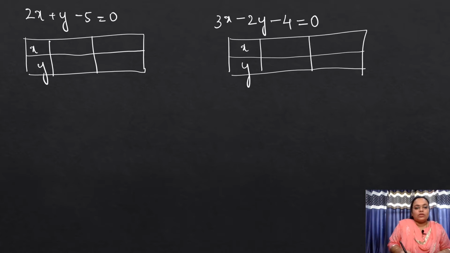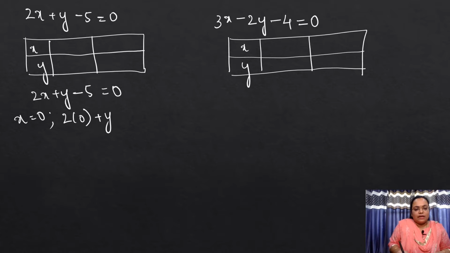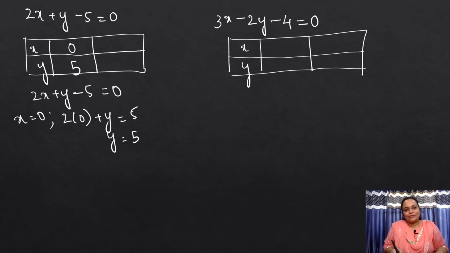So the first equation is 2x plus y minus 5 is equal to 0. If you take x is equal to 0, you will get 2 of 0 plus y is equal to 5, so y is equal to 5.